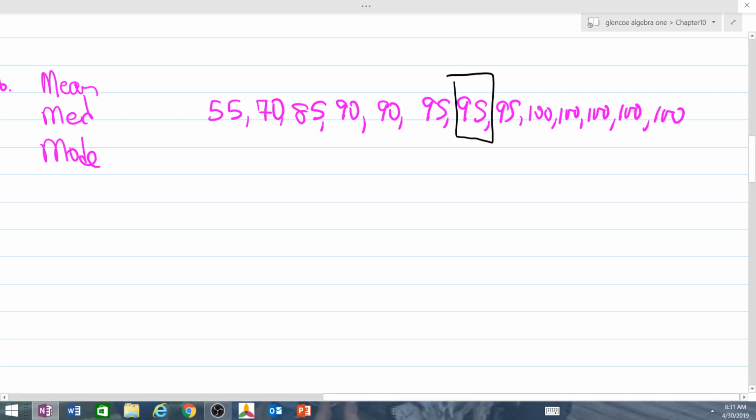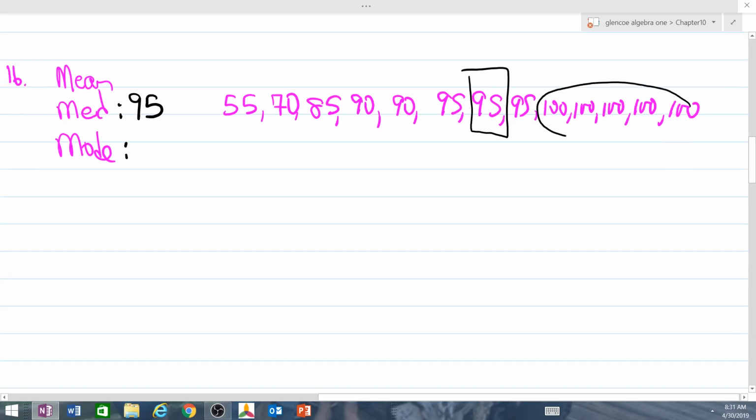Okay, so the median is 95. There was an odd number of numbers in our data set, so it was the number right in the middle. Okay, the mode is the number that appears most often, and he had 5 100s as compared to 3 95s and 2 90s, so the mode is 100.